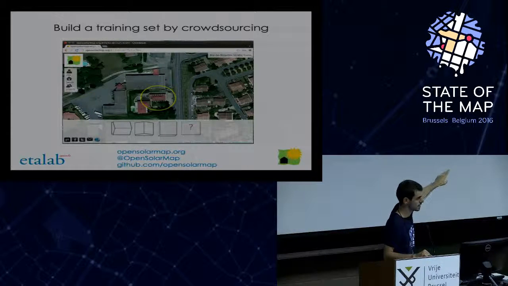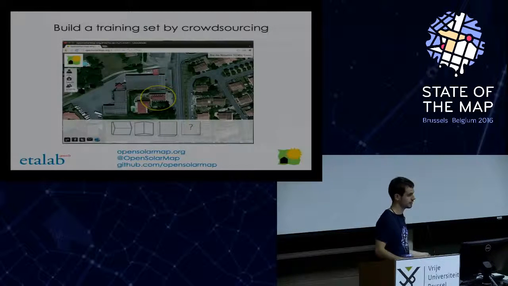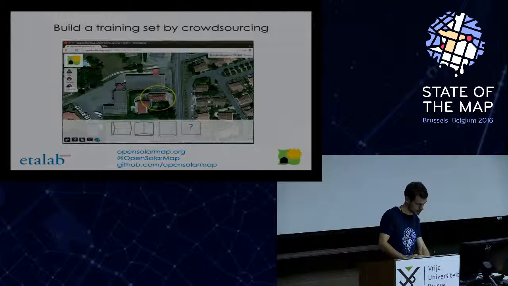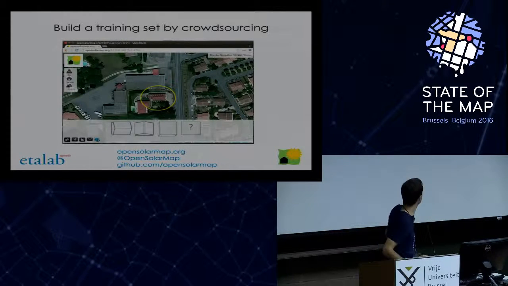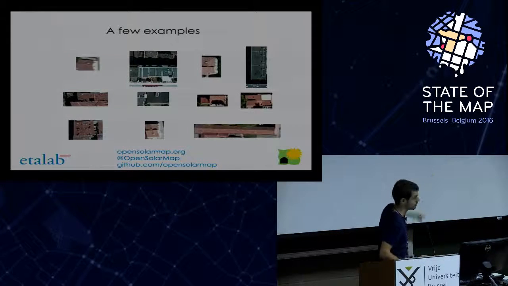And the fourth class is every roof that is complicated or you don't know. Here are a few examples. You can see that some are easy, like the first one on the top, but some are very complicated, and we cannot always decide.